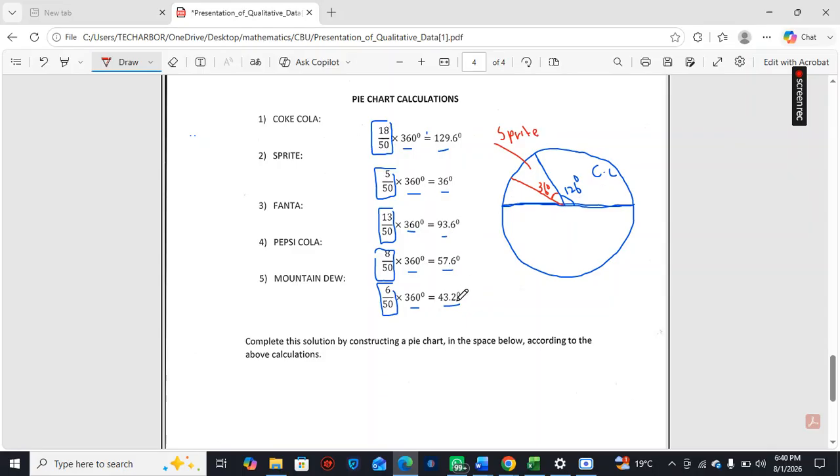Let's say Mountain Dew. We can say this is 43.2. 43.2 here. Mountain Dew. We put this one here, this one there.